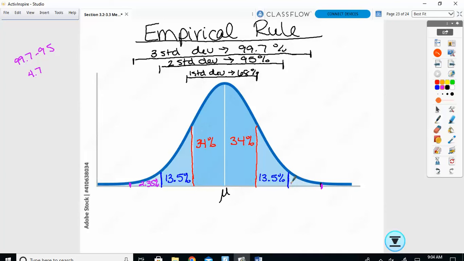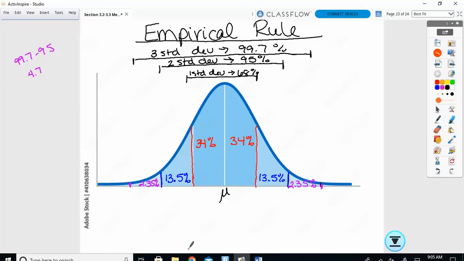So these are 2.35%. And you notice it kind of corresponds. Like the biggest sections of my graphs had the highest percentages. As I go down, these sections are getting smaller and my percentages are getting smaller.